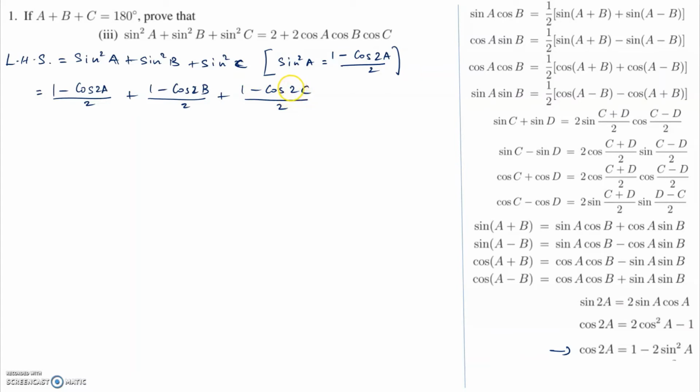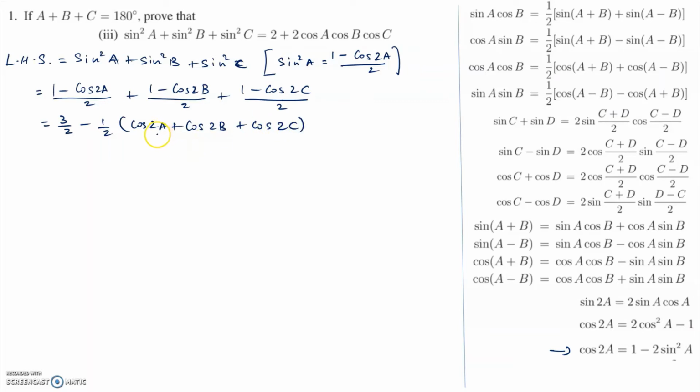So now we can take the common terms out. So this will become 3 by 2 minus 1 by 2, and within bracket cos 2a plus cos 2b plus cos 2c.